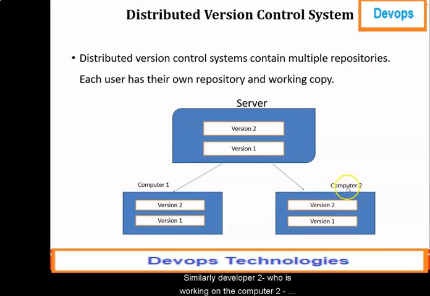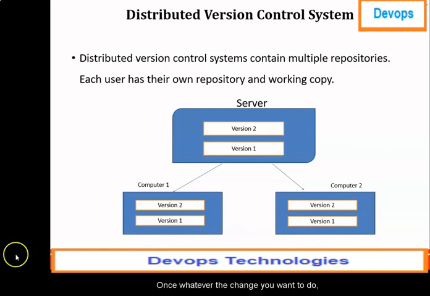Similarly, developer 2 working on computer 2 also takes the complete code from the server and can also work independently. For any operation, there is no need for network connectivity once you clone the complete code to the computer.